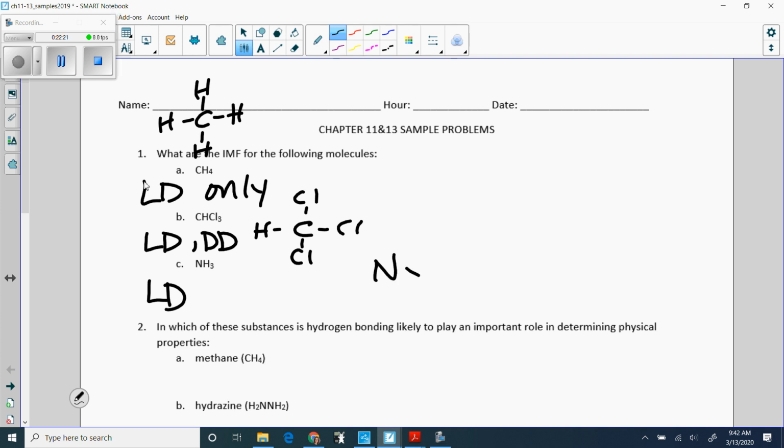NH3. I'm drawing it like this on purpose. NH3 adds to 8. But 8 makes it have that trigonal pyramidal shape, so that's a little wonky. So this is going to have a dipole, but it has that H bond type of dipole.